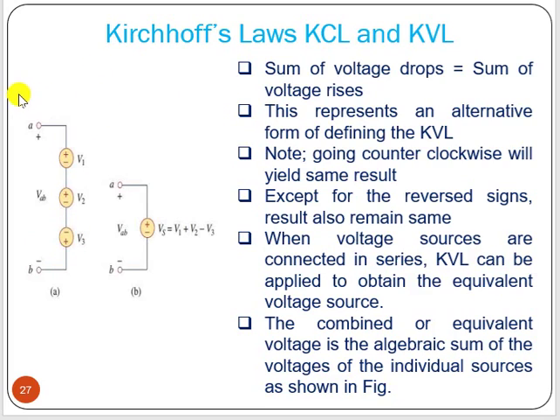Then Vs equal to what? V1 plus V2 minus V3. Okay. So this is how we have to write the KVL equation of any loop.